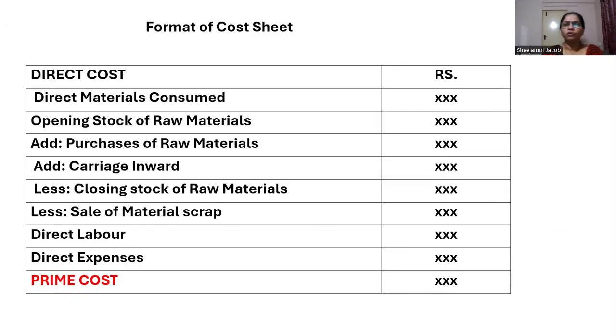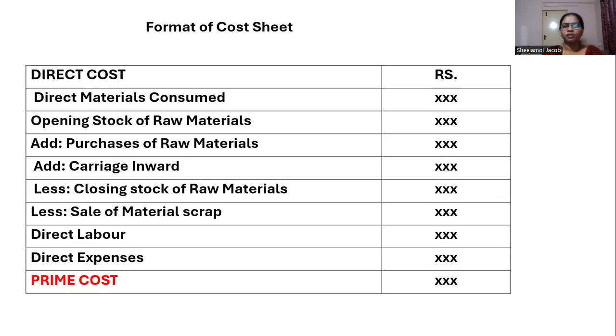Now we can move on to the format of cost sheet. So the first part is the direct cost part, and the second, third, fourth parts are indirect parts. The first part is direct cost. We only include the direct expenses under this first part. Direct materials consumed. How do we calculate the direct materials consumed?